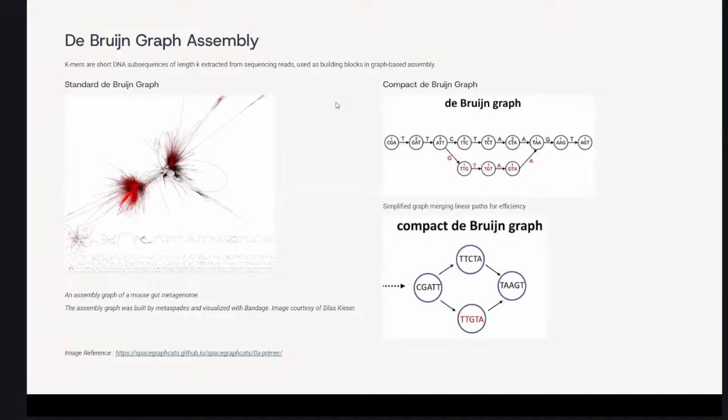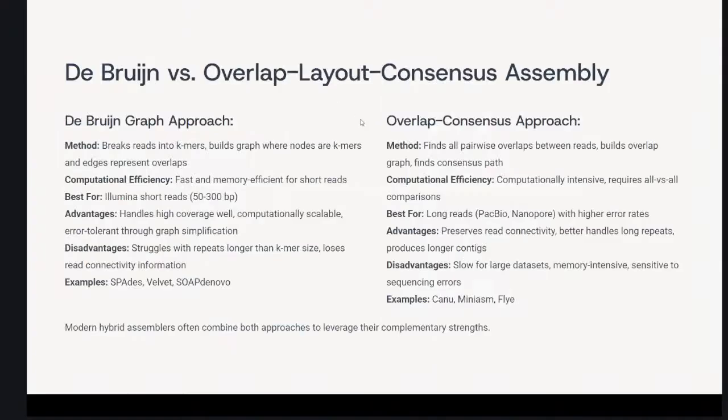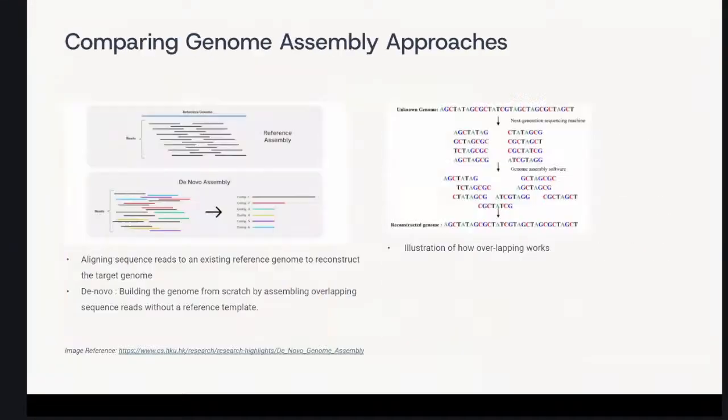Now we'll come down to the de Bruijn approach versus overlap layout consensus assembly. So let me first explain what overlap layout consensus assembly is. Basically, we are taking each sequence and finding the overlaps, which is what I explained in the de novo sequence.